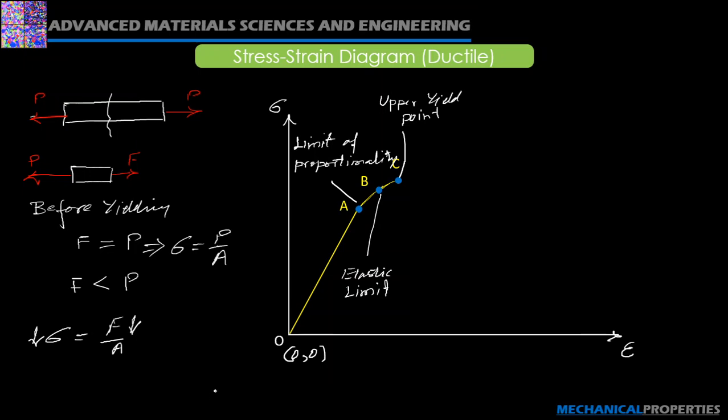Now that is actually the yielding phenomenon, and that is why from here, point C, the yielding starts, and this point is termed as the upper yield point. Now if by further application of the load, let's say till point D, this yielding continued, the strain is increasing but stress is decreasing.